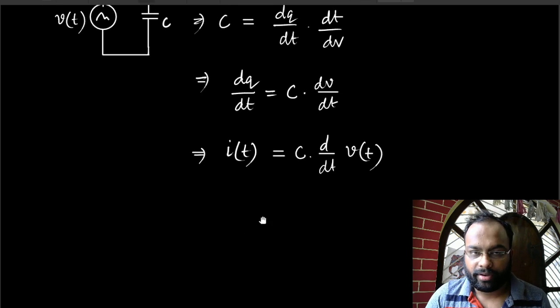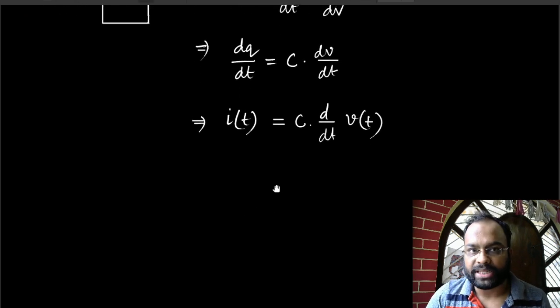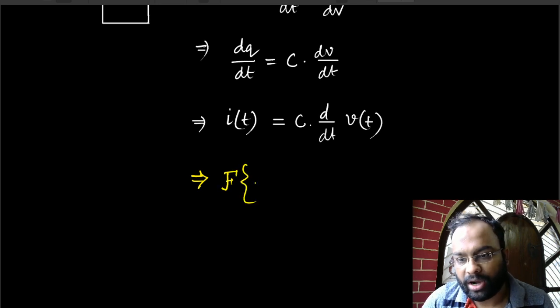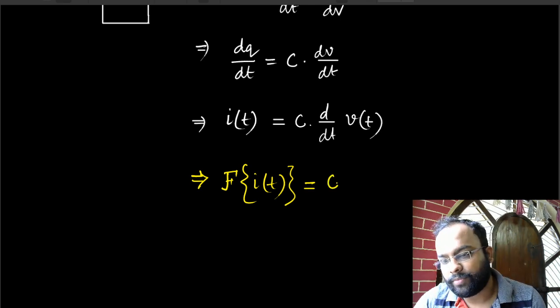Now what if I apply Fourier transform on both sides? Applying Fourier transform on both sides, what do I get? C is a constant, so it goes outside the Fourier transform.